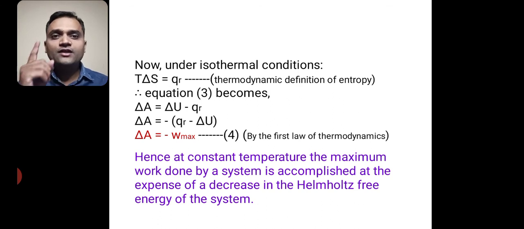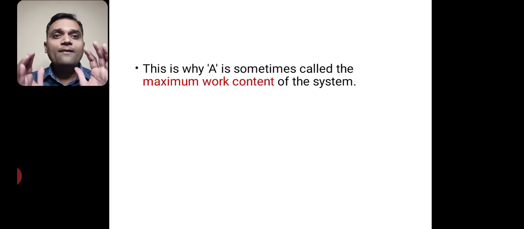First is the thermodynamic definition of entropy, and second is the mathematical statement of the first law of thermodynamics. Finally we get delta A is equal to minus W max, and it gives us that at constant temperature the maximum work done by a system is accomplished at the expense of a decrease in the Helmholtz free energy of the system. Therefore A is sometimes called the maximum work content of the system.